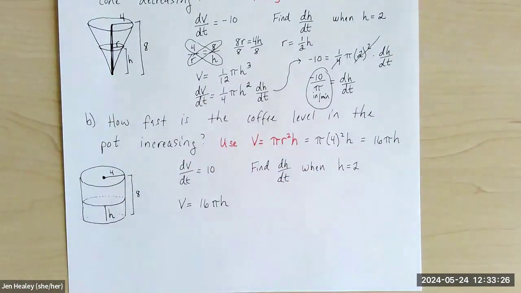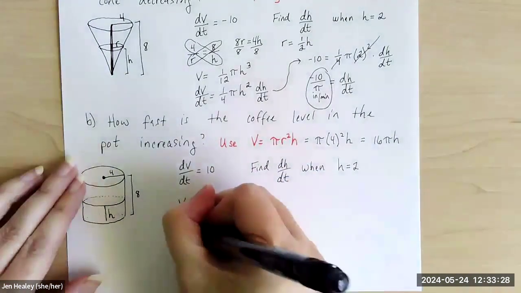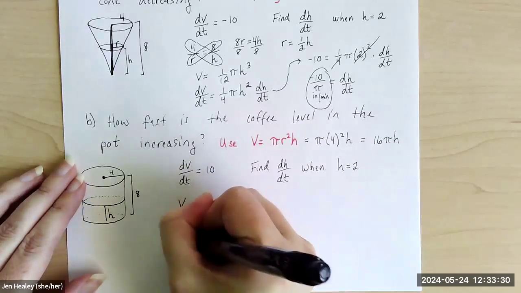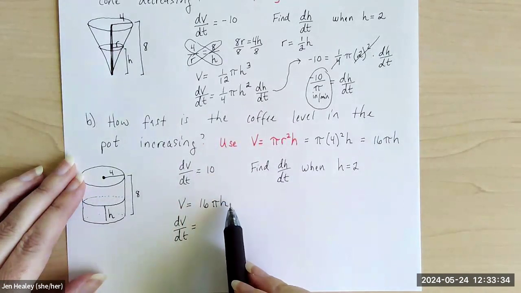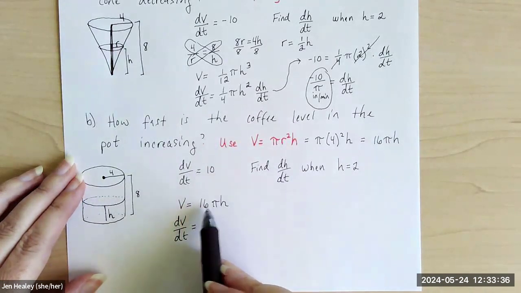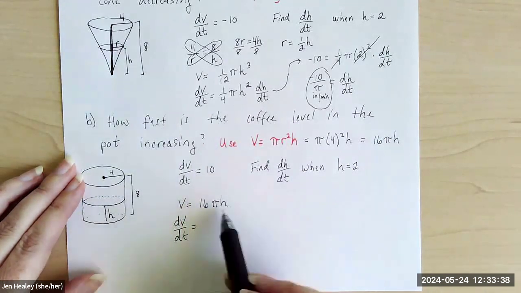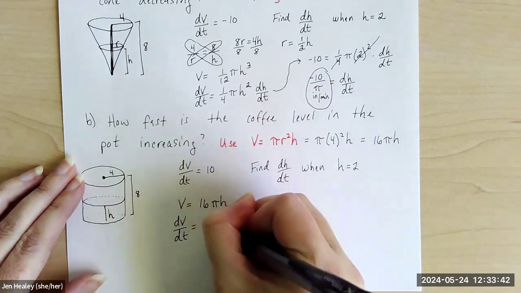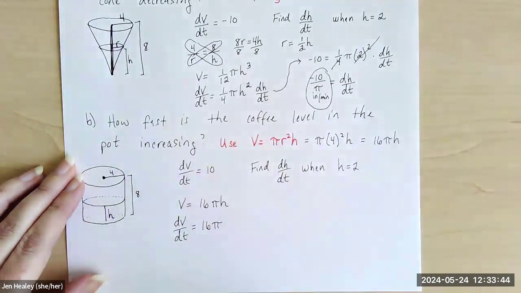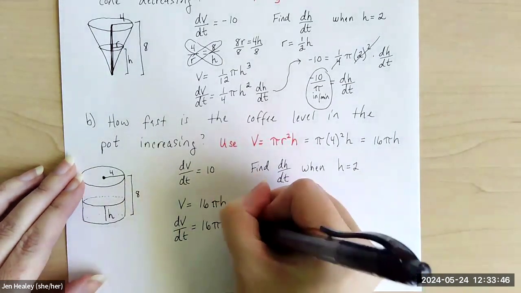And now I can do my dV dt. When you take the derivative of 16 pi h, this is a constant, so it's just 16 pi, but then I need a dH dt.